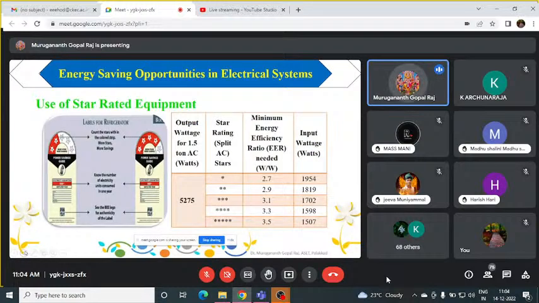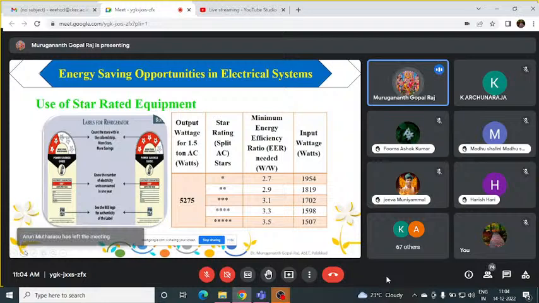So coming to the point of the use of star rated equipment. As much as possible, try to use higher star rating equipment. See, this table will show you the total wattage consumed by the highest star rating equipment.